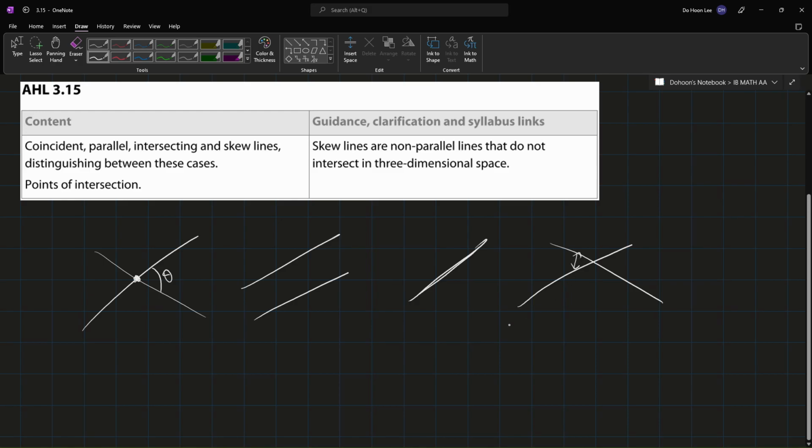Now, when I was explaining these relationships of lines, I told you about solutions. But we have to know that the solution of two lines is equivalent to the point of intersection. And from the number of solutions, we can deduce the relationship between the two lines.